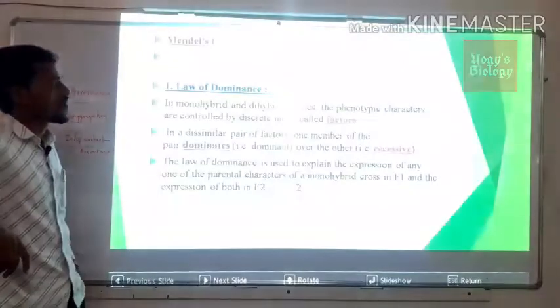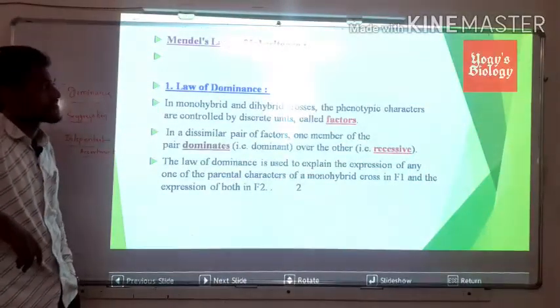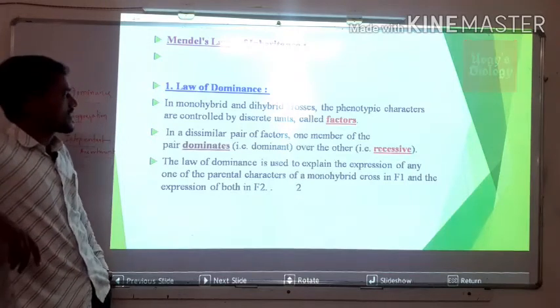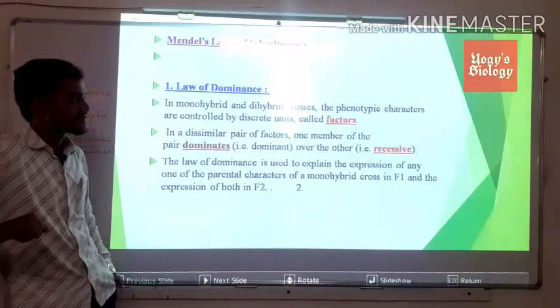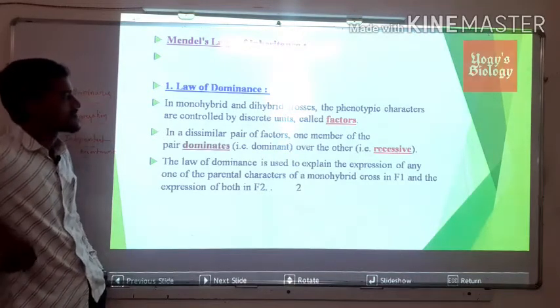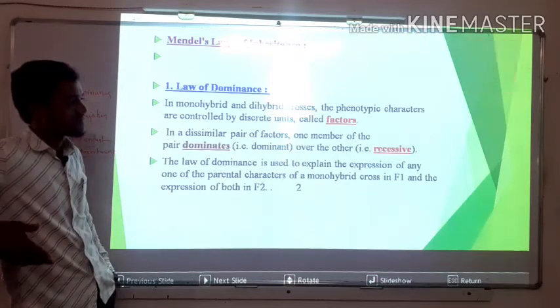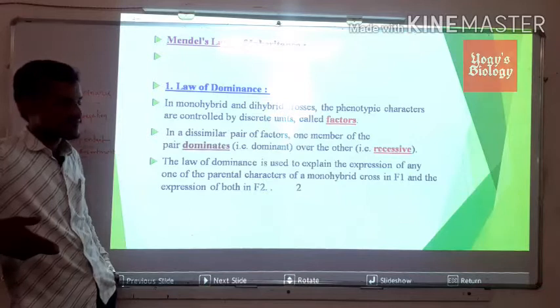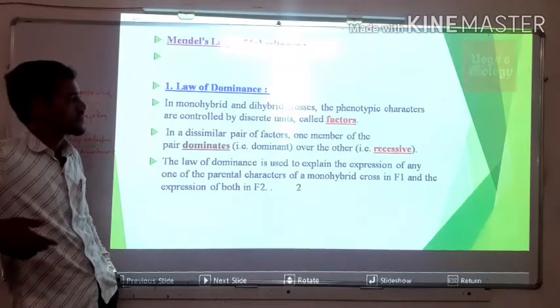First is the law of dominance. In monohybrid and dihybrid crosses, the phenotypic characters are controlled by discrete units called factors. The genetic terminology we have already discussed: factor, trait, dominant, recessive, phenotype, genotype, etc. So first of all, factors.